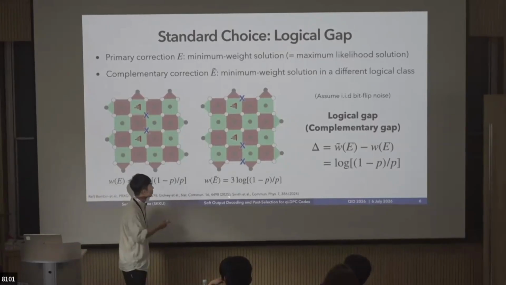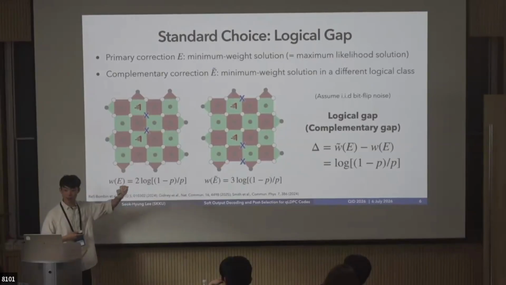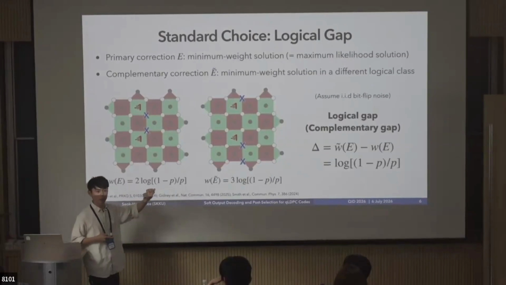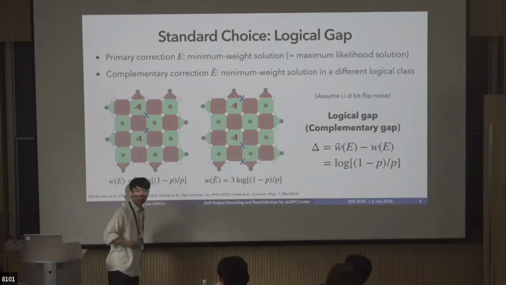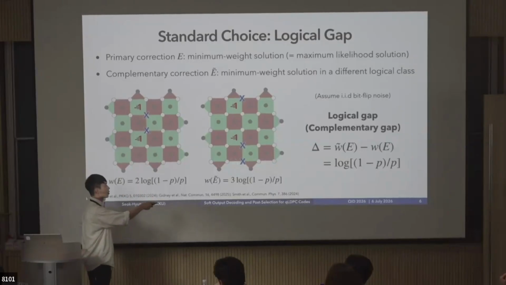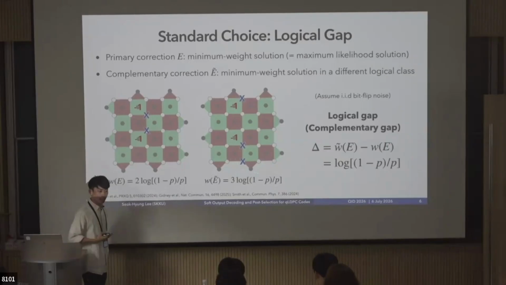Maybe I need to add the figure here. So there could be one boundary check, which did not originally exist in the matching graph of the surface code. There is an additional boundary node, and this boundary check is connected with these five boundary nodes. And by assigning a specific value to this boundary check, we can fix the logical class.